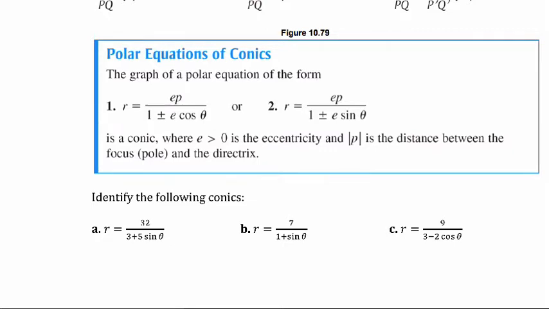We've got r equals e times p over 1 plus or minus e times the cosine of theta, or r equals e times p over 1 plus or minus e times the sine of theta. E is that same e value we just talked about, and p is the distance from the focus to the directrix. So really the big thing we have to pay attention to here is the e part.